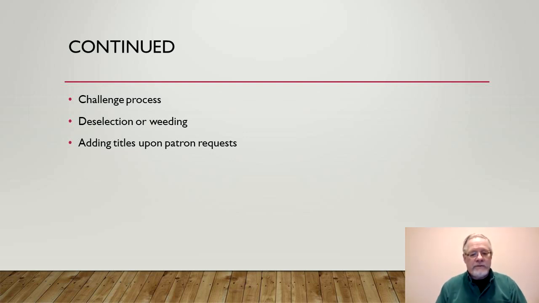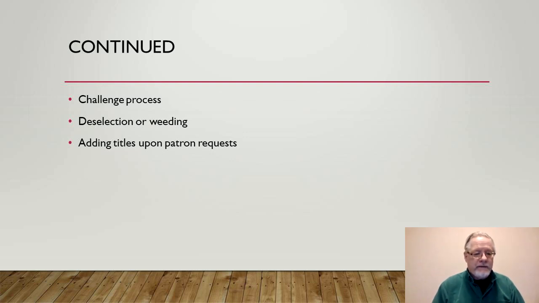A good example is many libraries will say that we will only add titles on patron requests if they match the genre of what the library collects normally. In other words, if a patron requests a book that is not part of the normal selection process that you would have bought otherwise, you may say that you will accept or deny those, depending.